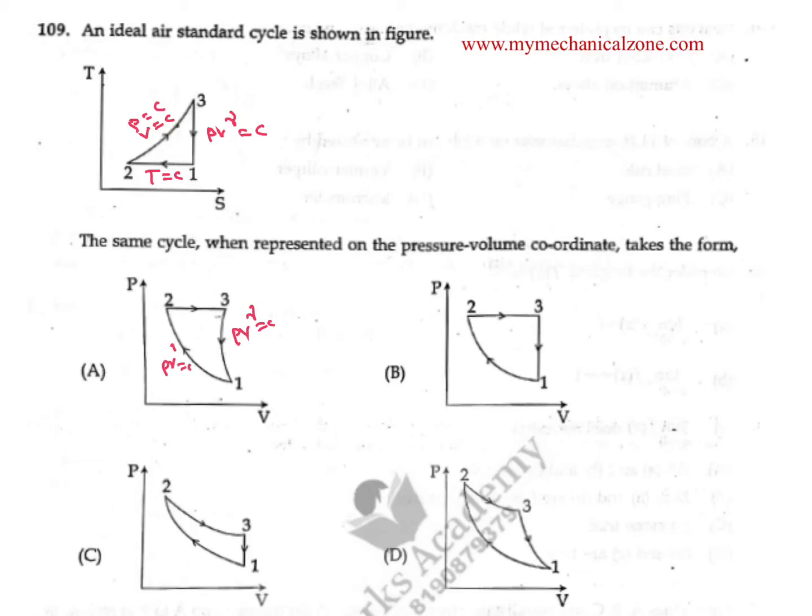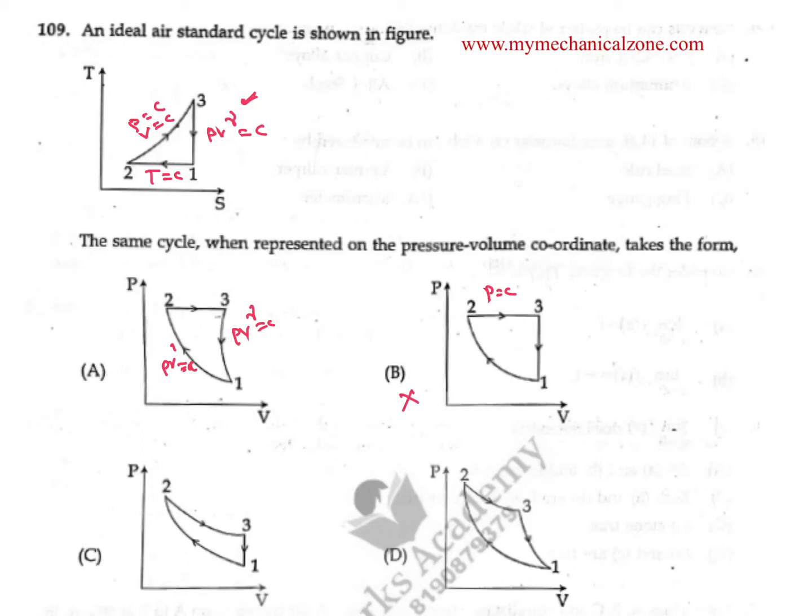Isothermal process is PV to the power 1 equal to constant. From B we will check: 2 to 3 constant pressure is possible, then 3 to 1 is constant volume, but here 3 to 1 is adiabatic, so B is not possible.